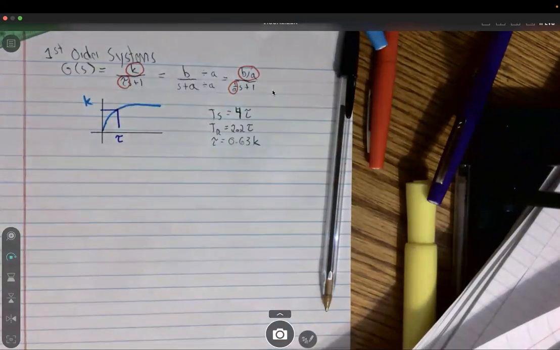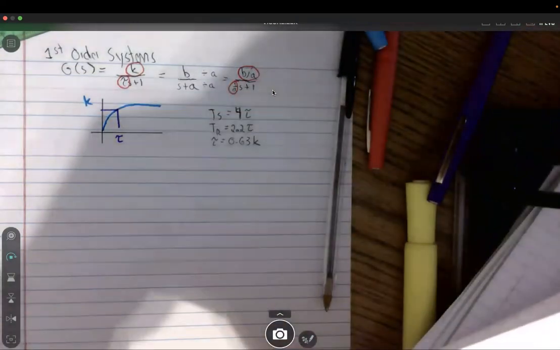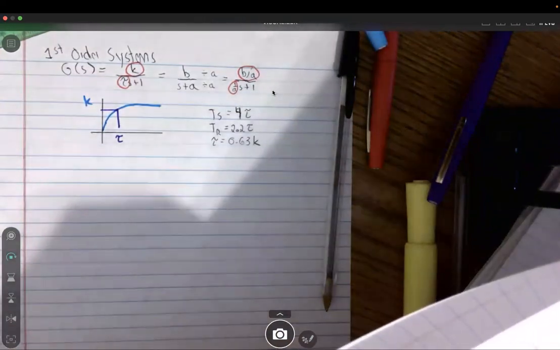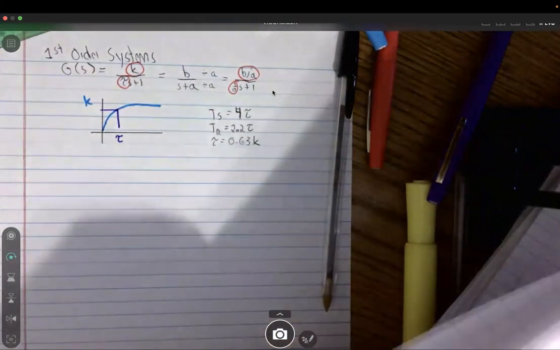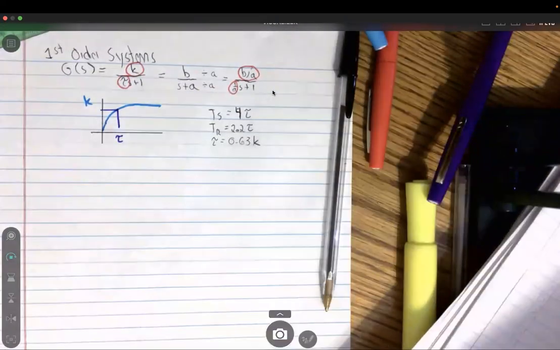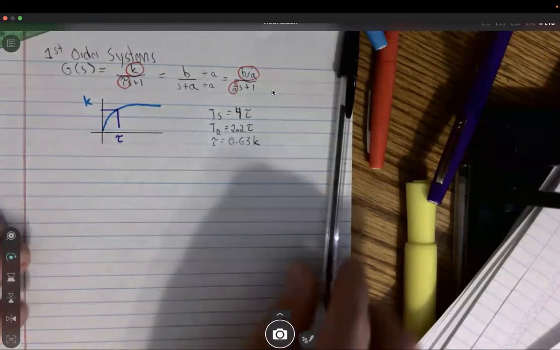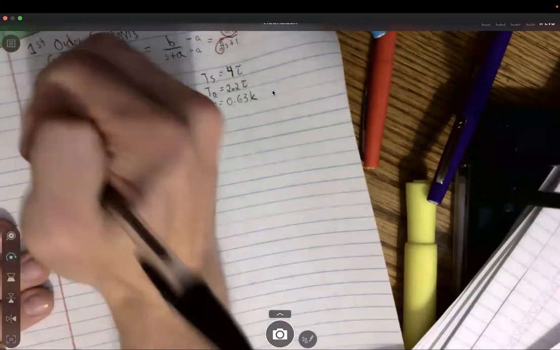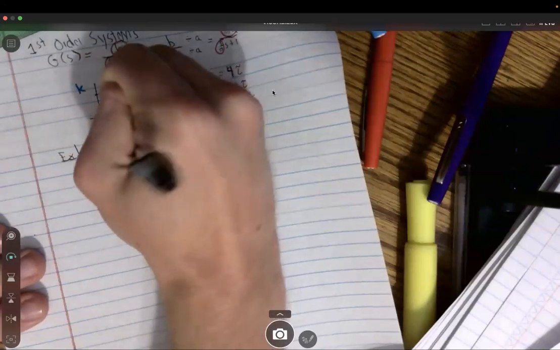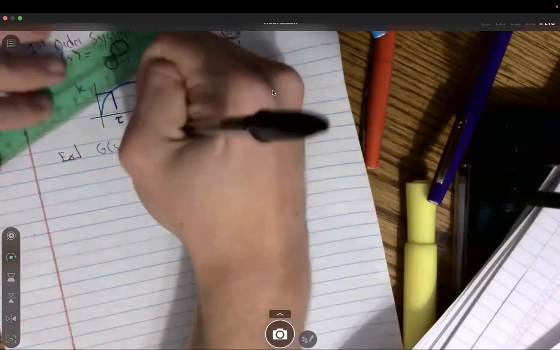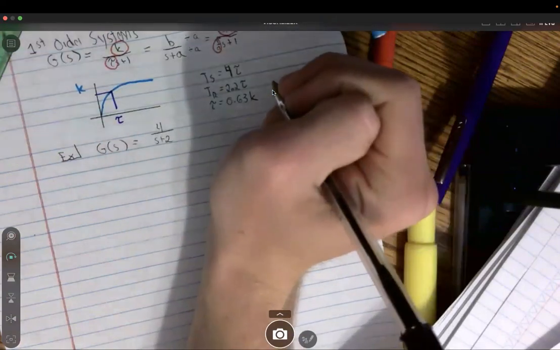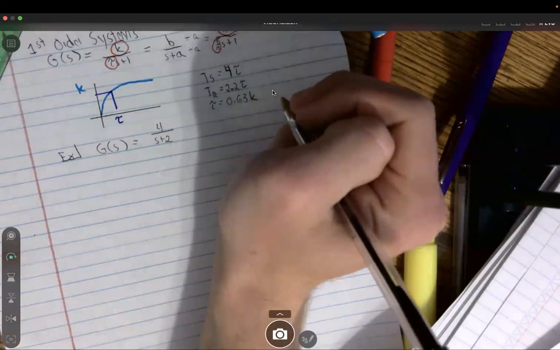Now that we saw that, we're going to look at one of the systems in the time domain and then do the equivalent in the Z domain, so it makes sense. When we're dealing with a first order system, say that our G of S is equal to 4 over S plus 2. We need to find the unit step response.